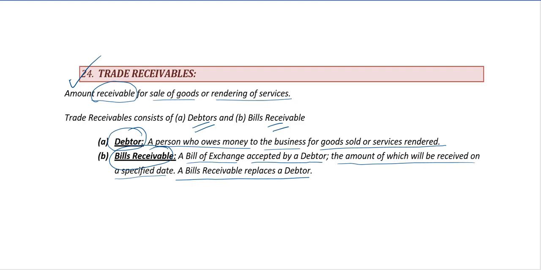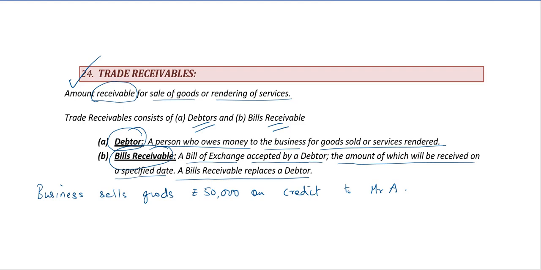Now let's say the business sells goods, rupees 50,000, on credit to Mr. A. So the transaction is a credit sale.